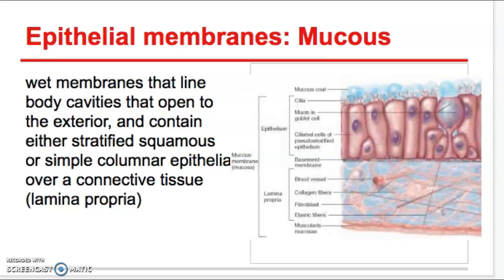And so we have mucous membranes there that are going to line that tract with mucus. We see it's often columnar epithelium. Sometimes it's stratified squamous epithelium, like in our mouth. What kind of tissue you're going to see depends on what type of abrasion that tissue is exposed to.